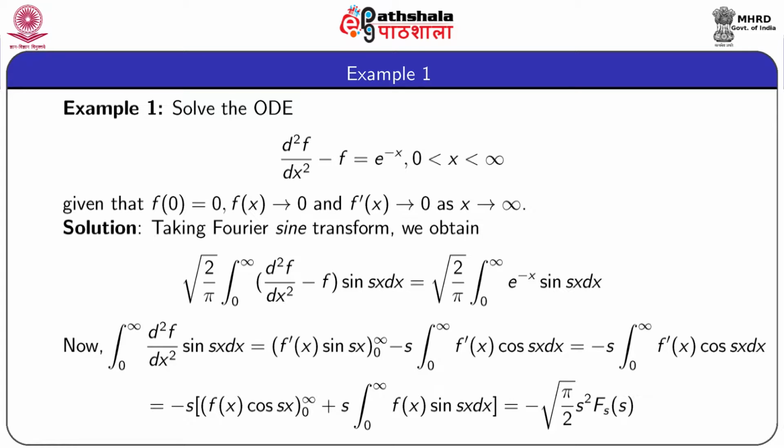Now, it is given that f dash(x) tends to 0 as x tends to infinity, so this term at infinity becomes 0, and at x equal to 0 sine sx is 0. So, the first term vanishes.